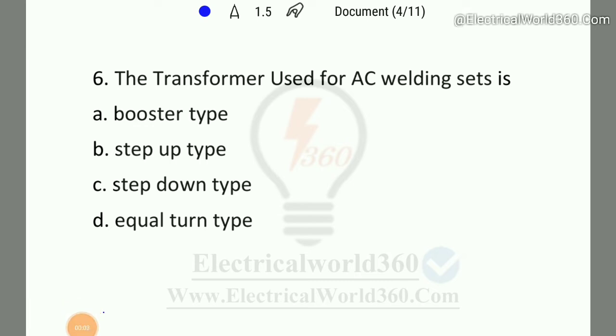In an electric welding transformer, the secondary side has low voltage and high current, typically 200 to 600 amperes. Because for electric welding, high current is required, hence the transformer required for welding is step down type. So here the right answer is option number C.